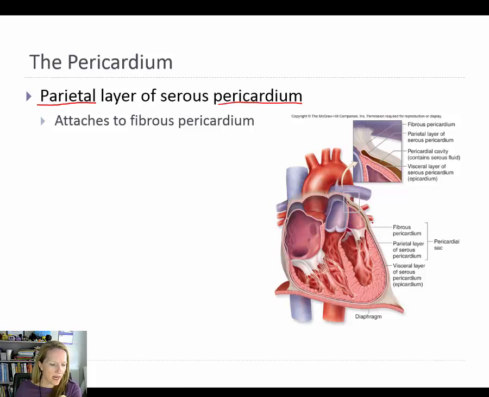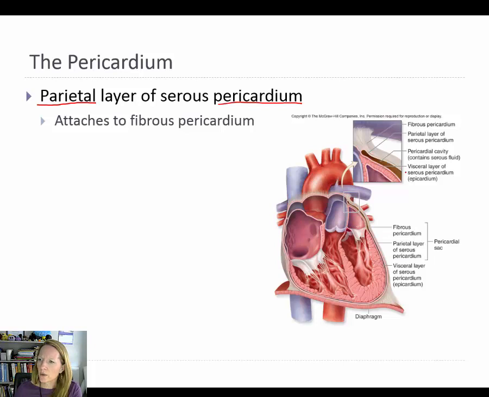Serous membranes are made of a simple squamous epithelium with a little bit of areolar connective tissue underneath. So it's a lot thinner, more delicate membrane if you compare it to that fibrous pericardium, that thick, dense, irregular connective tissue.